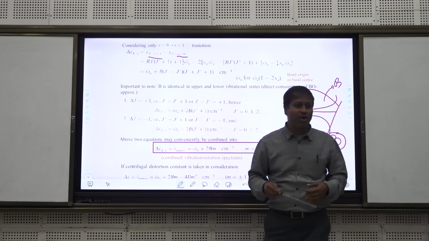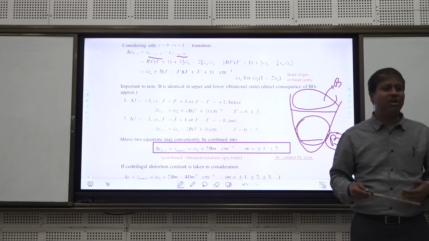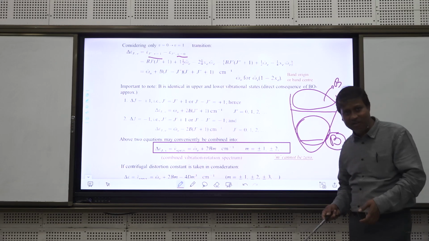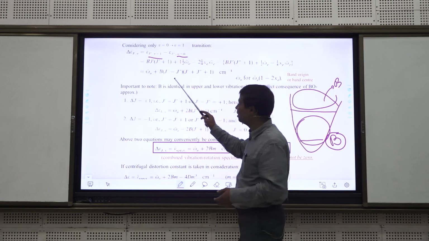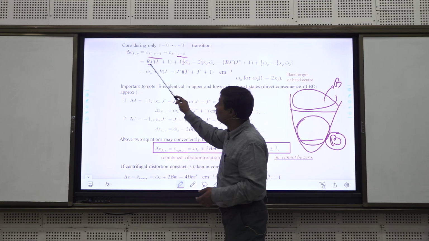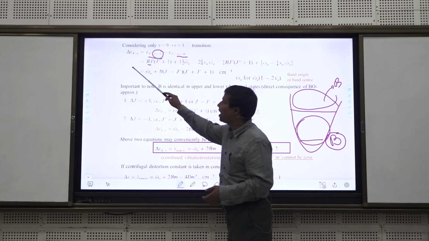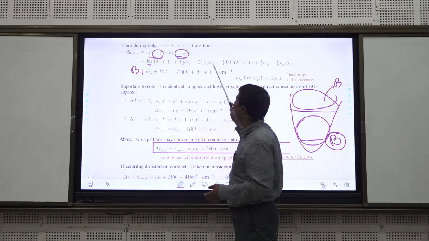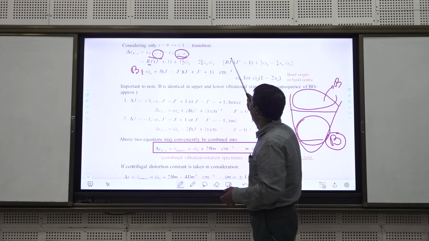That means the Born-Oppenheimer approximation is invalid. If you consider the Born-Oppenheimer approximation invalid, then you have to consider the B for V equal to 1 as B1 and the B for V equal to 0 as B0.